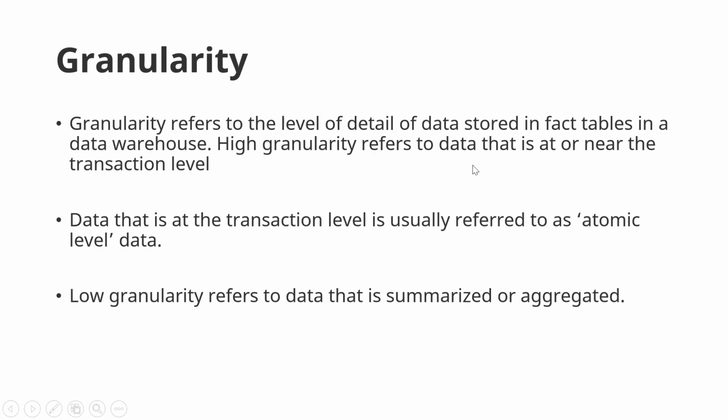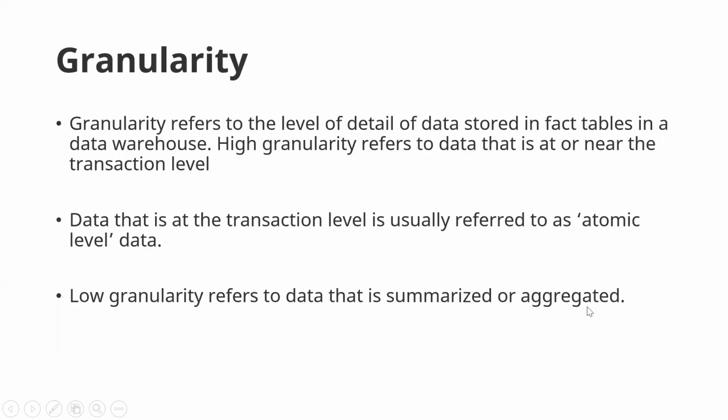High granularity refers to data that is at or near the transaction level. The transaction level is the highest granularity. Data at the transaction level is usually referred to as atomic level data, and low granularity refers to data that is summarized or aggregated.